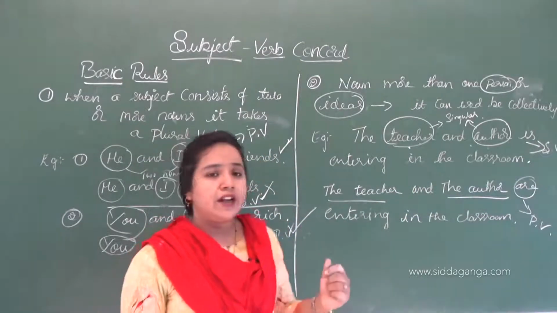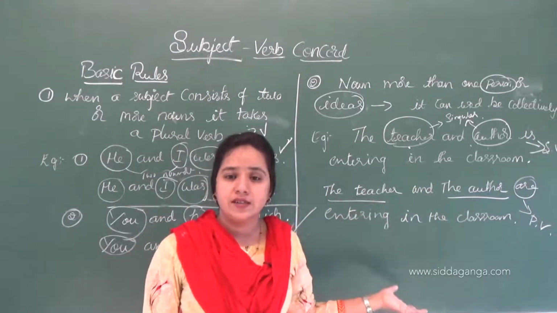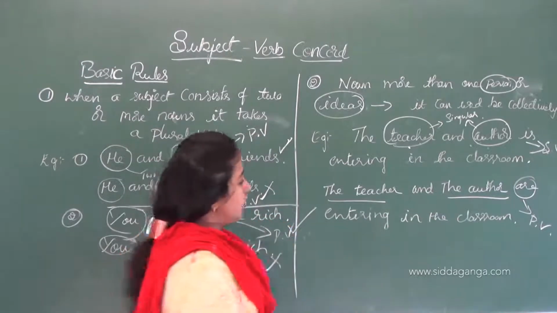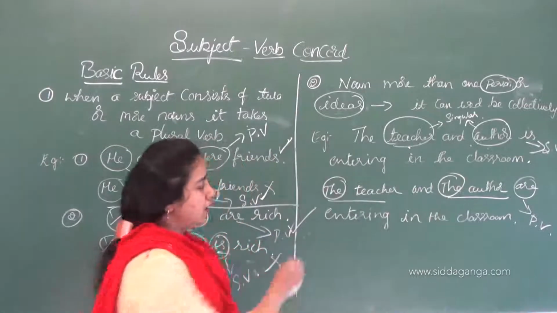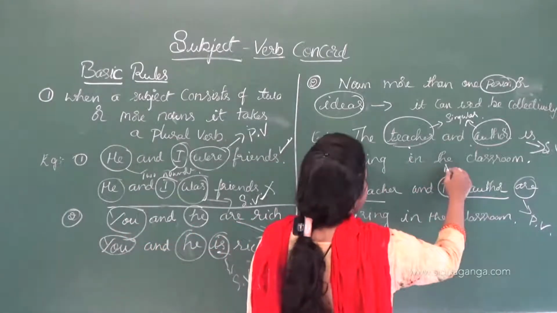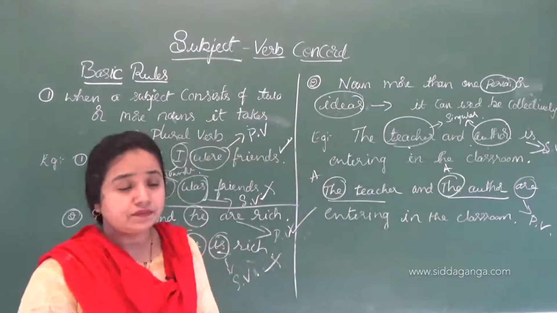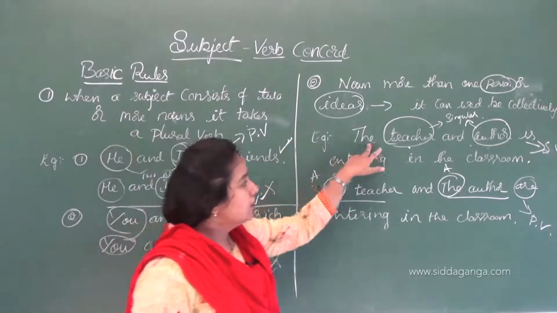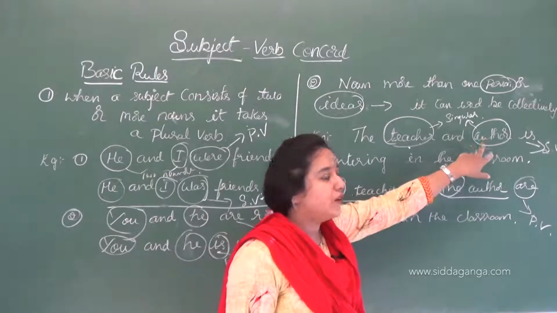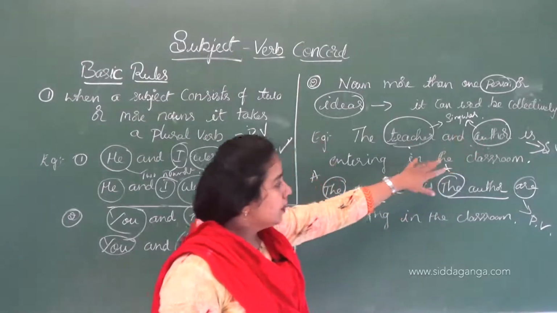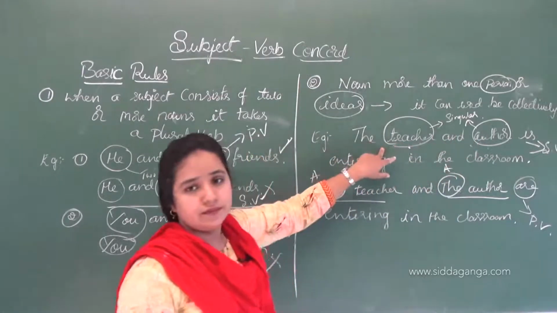So how do we identify whether this is a single person or two persons? Because of the article. Here "the" is an article, but where there is no article before "author", it says about only one person.